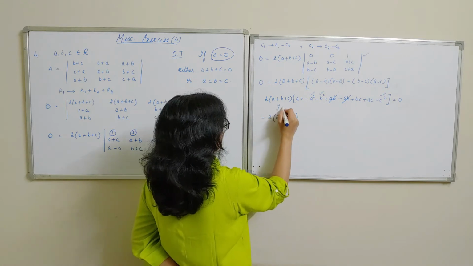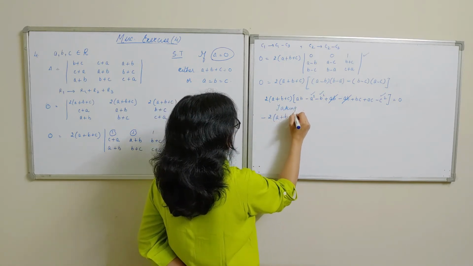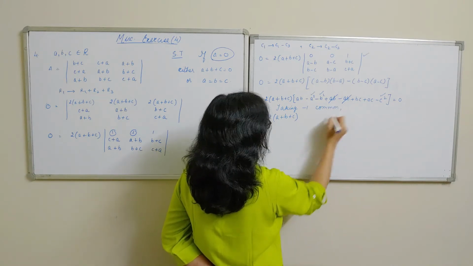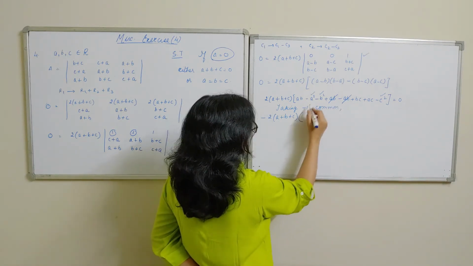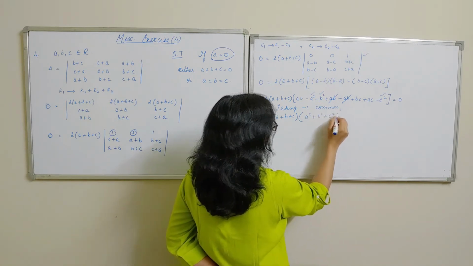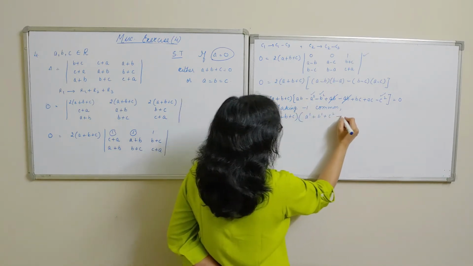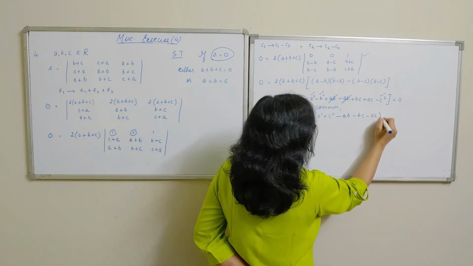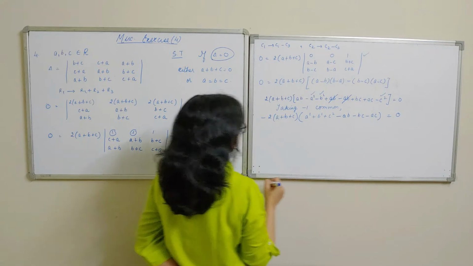Alright, so let me write down here, taking minus 1 common, we get this. Now inside we have the square terms as positive terms and the product of the terms as negative, like this.